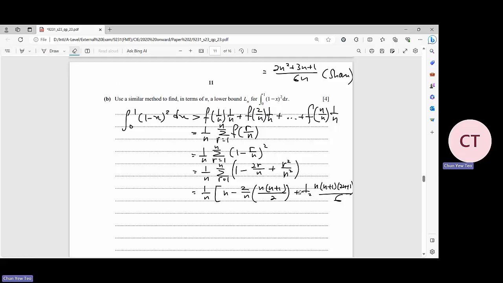We make it like this. Let me squeeze everything inside here. So this one, it will be written as the 1 over n square of n plus 1, 2n plus 1 over 6. Okay. So this is what we have.